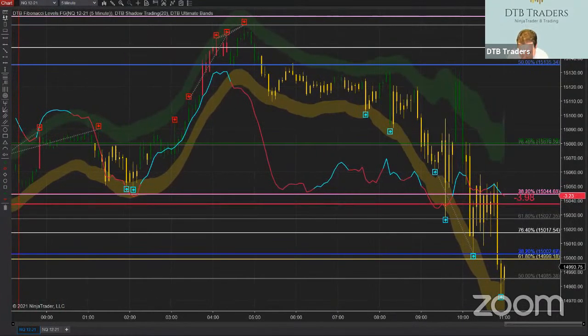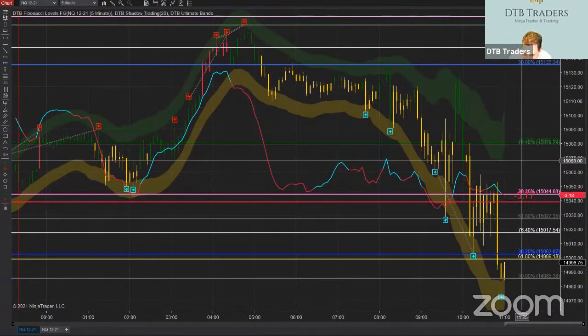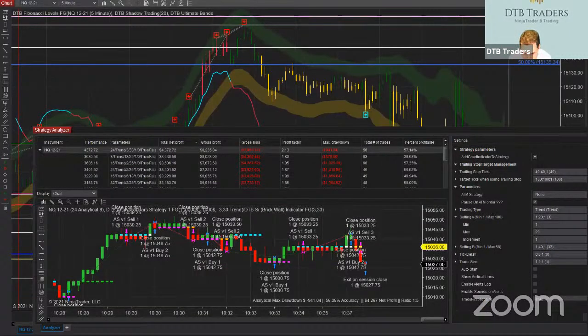So that is where we currently are right now. I will review this position tomorrow and see where it actually ended up, whether it was a successful one or not.